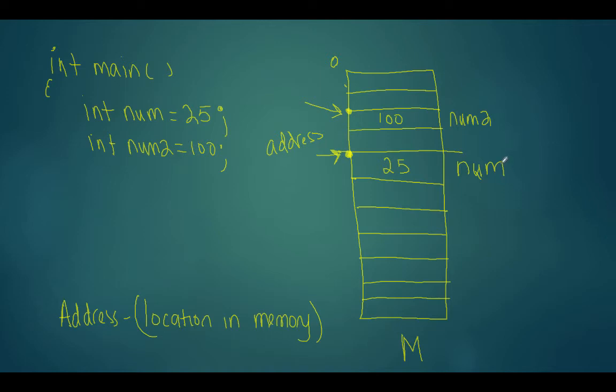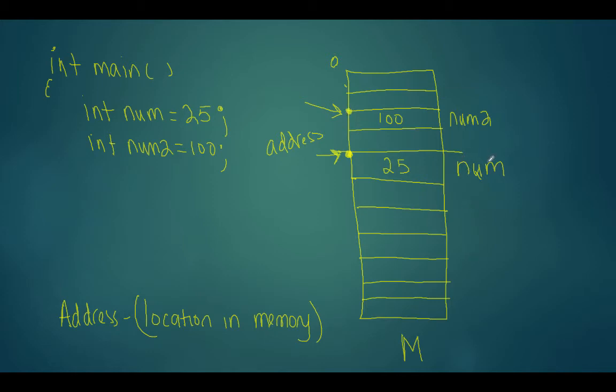So this num right here, your computer knows nothing about this word num. We know about this word num because we are using a high-level language, and your high-level language goes through the process with your compiler and your interpreter and all of that. And actually, the way that the computer accesses stuff is by where it's located and its data type. All right, so this is num1 and num2, and they're in memory, and they both have locations.